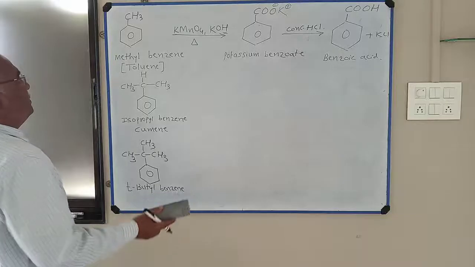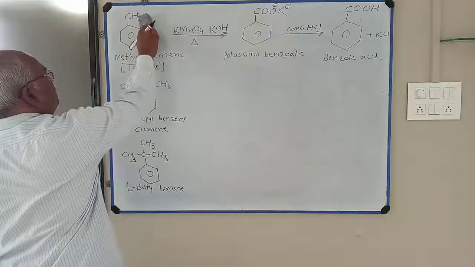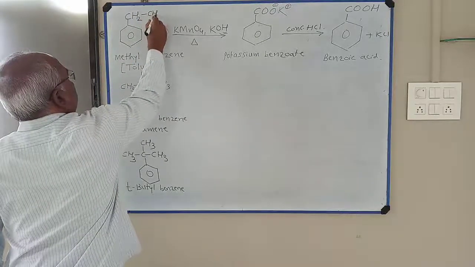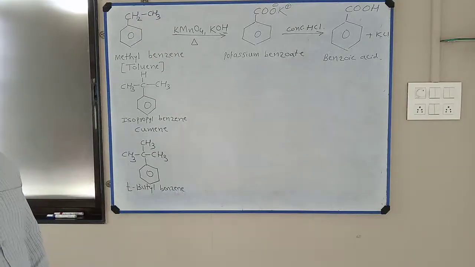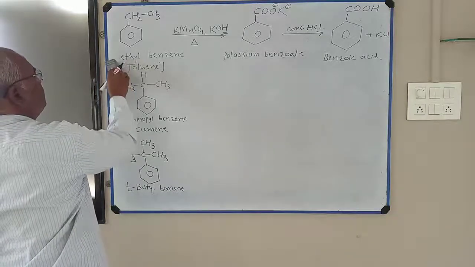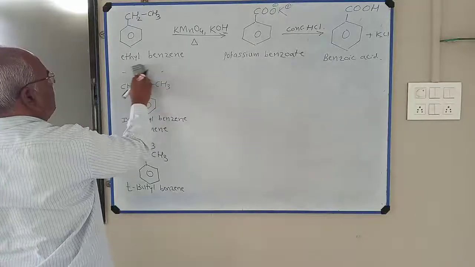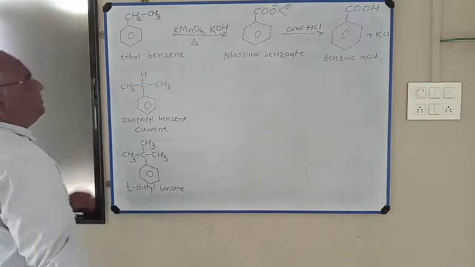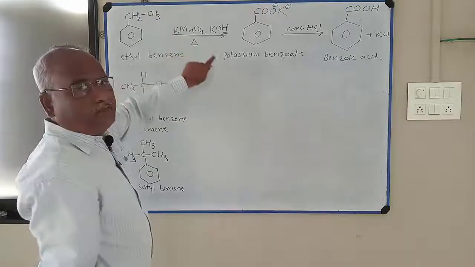Second example I am going to take. Instead of methyl group, I write here ethyl group, CH2CH3. Length of the alkyl group is increased. The name of the compound is ethyl benzene. Oxidation of ethyl benzene is carried out by using alkaline potassium permanganate.